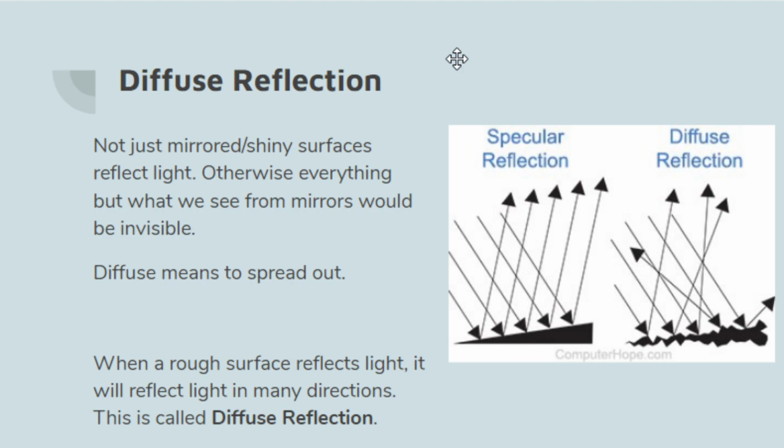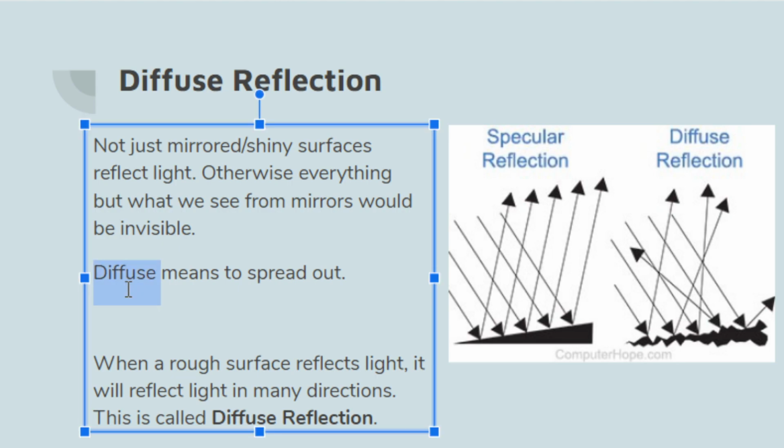But if that's the only thing that reflected light, then everything else would be invisible. We wouldn't be able to see because, like we've talked about before, the light that's reflecting off everything and going into our eyes is how we actually perceive the world around us through vision. So everything else would be invisible if everything except mirrors didn't reflect light.